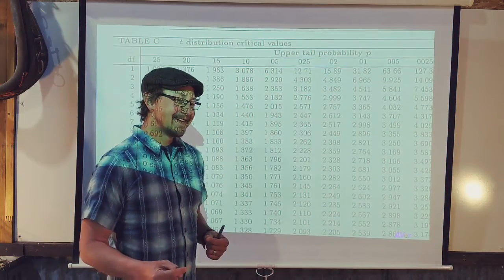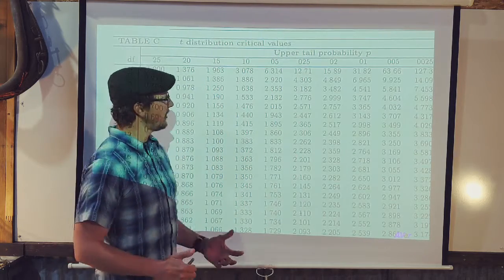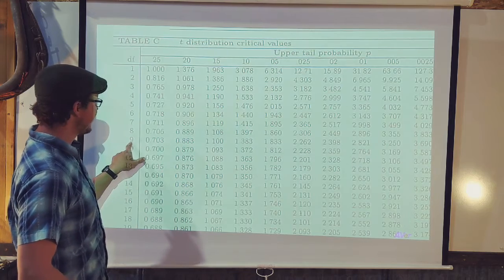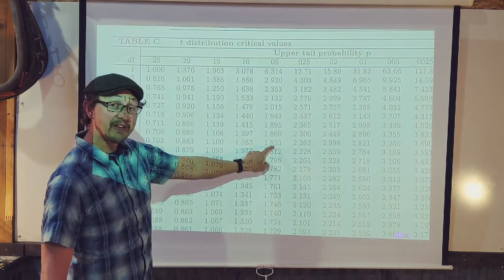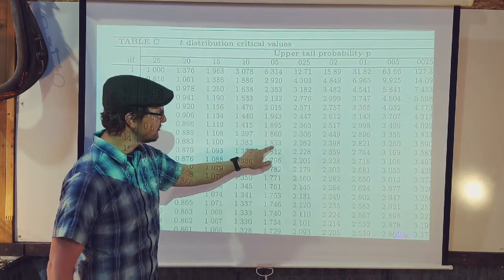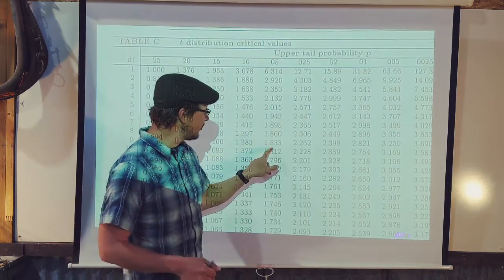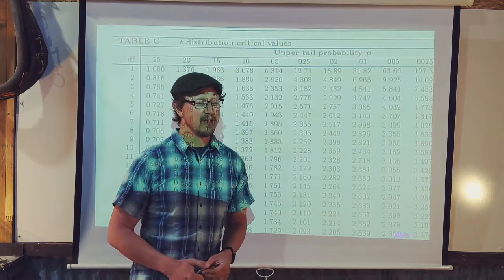Looking at what would make it so we would reject our null hypothesis, this example of 9 degrees of freedom and a 5% alpha, or an alpha of 0.05, would mean any t value beyond 1.833 would cause us to reject our null hypothesis.